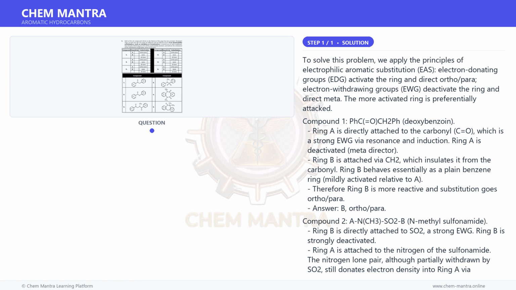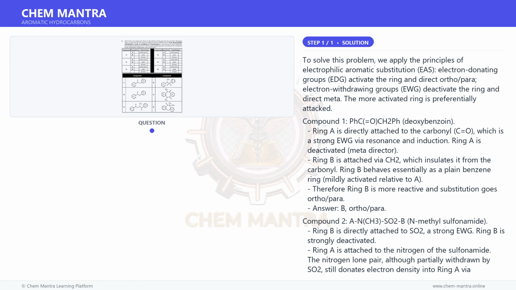Compound 6. A fluorenone-type fused system with ring A and ring B connected through a 5-membered ring bearing C(CH3)2 and C=O. Ring A is fused to the 5-membered ring containing the C=O ketone. The carbonyl is an EWG toward ring A. Ring B is fused to the 5-membered ring on the C(CH3)2 side, with no carbonyl directly on ring B's side.